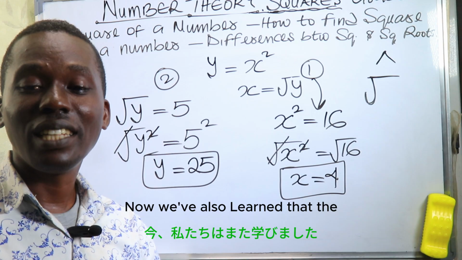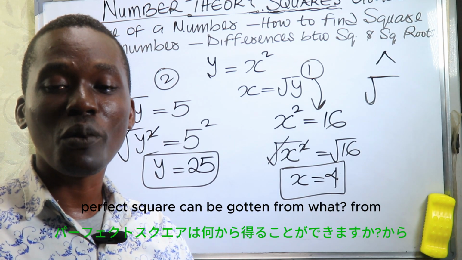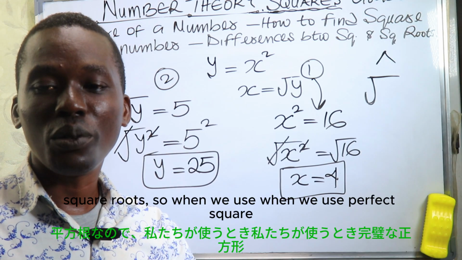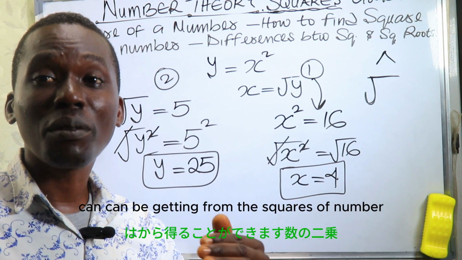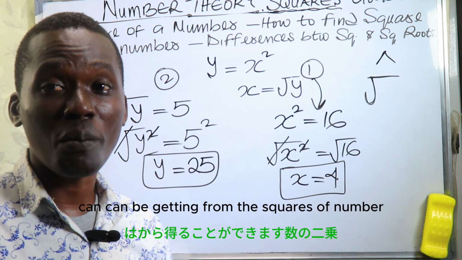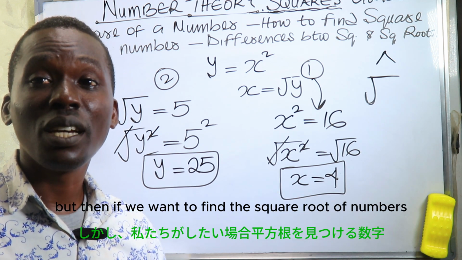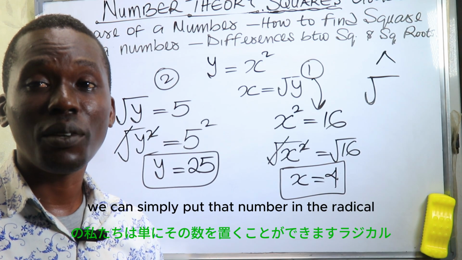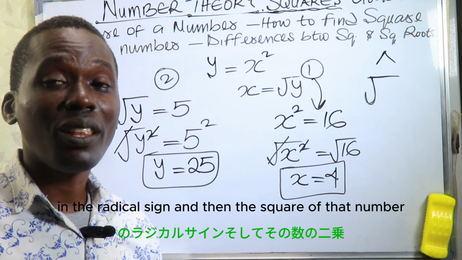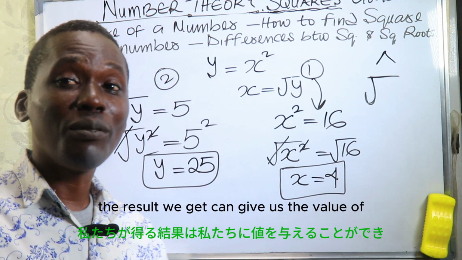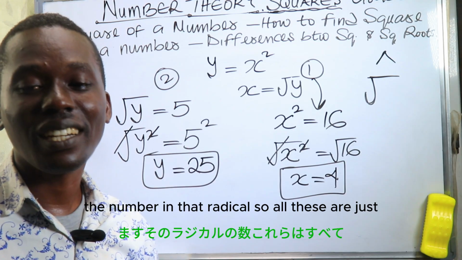Now, we've also learned that the perfect square can be gotten from the squares of numbers. But if we want to find the square root of numbers, we can simply put that number in the radical sign, and the result we get can give us the value of the number in that radical.